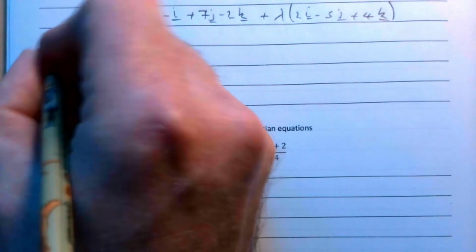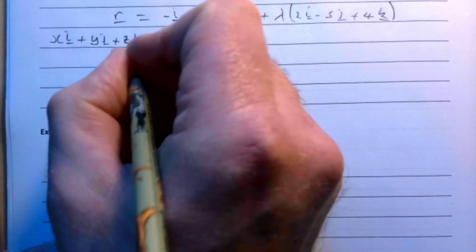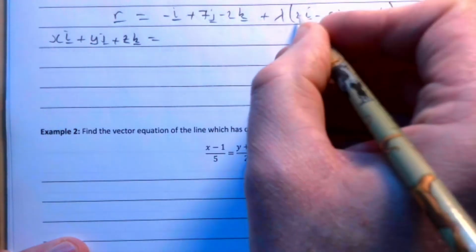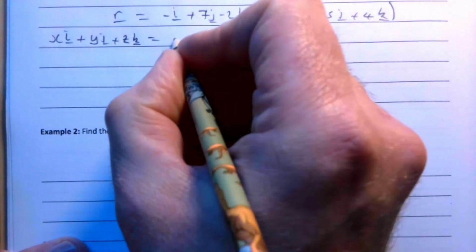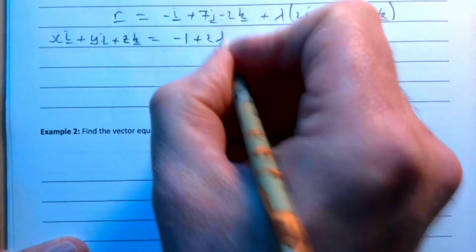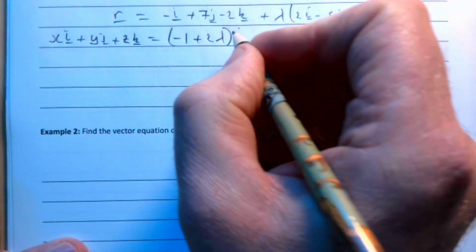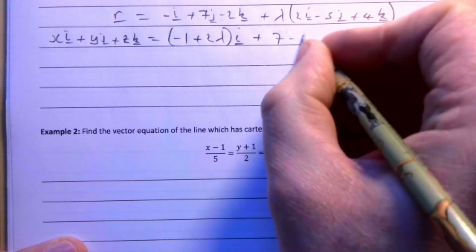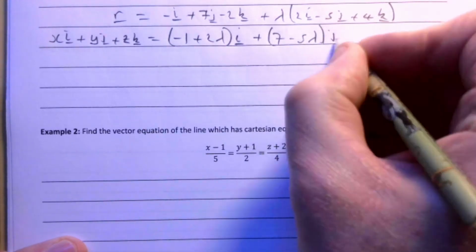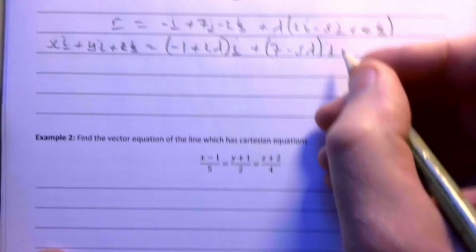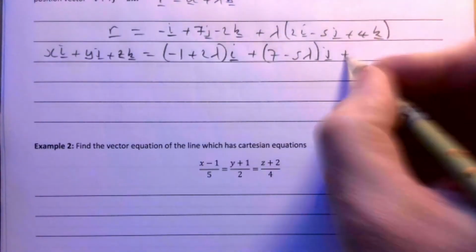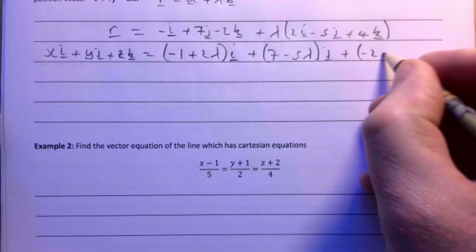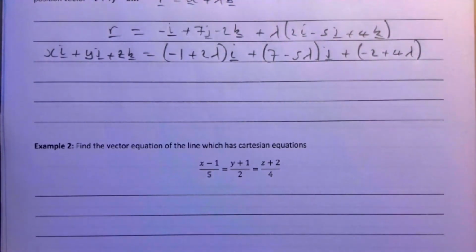Rearranging this, I'm going to write this as xi plus yj plus zk, and then rearranging this to the i bit, the i bit is going to be minus 1 plus 2 lambda, and the j bit is going to be 7 minus 5 lambda, and the k bit is going to be minus 2 plus 4 lambda.